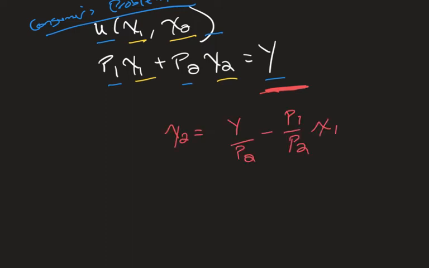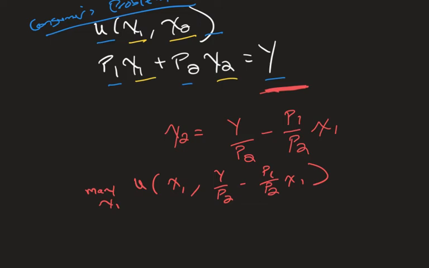So I rearrange my budget constraint, plug that into my objective function that I'm trying to maximize, which is my utility. And so my problem becomes to maximize utility, which is a function of x1, and a function of x2, which is really just y divided by p2 minus p1 over p2 times x1, and I maximize that by choosing x1. How do I maximize this function of one variable?